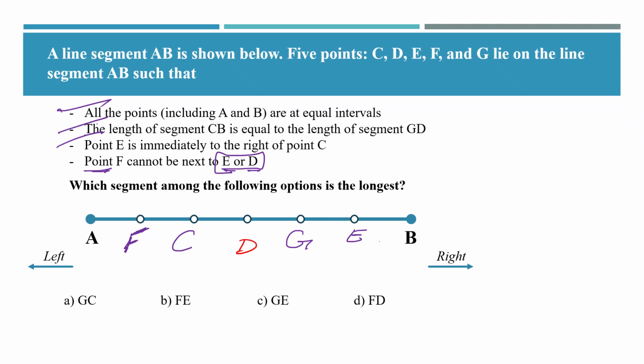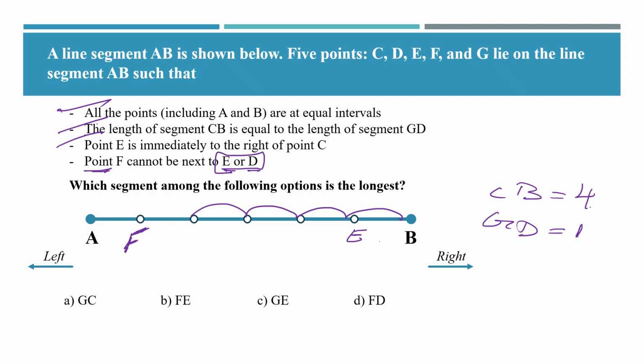Now let's check the distance between CB and DG. It's not going to be okay. This is 1, 2, 3, 4 units. CB is of 4 units, but GD is of 1 unit. Let's rearrange once again. I put C here.